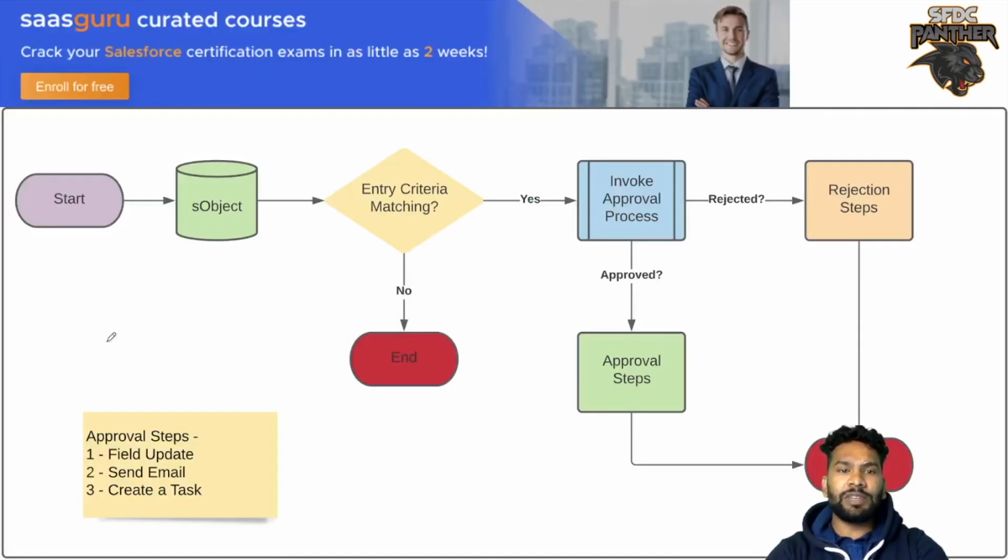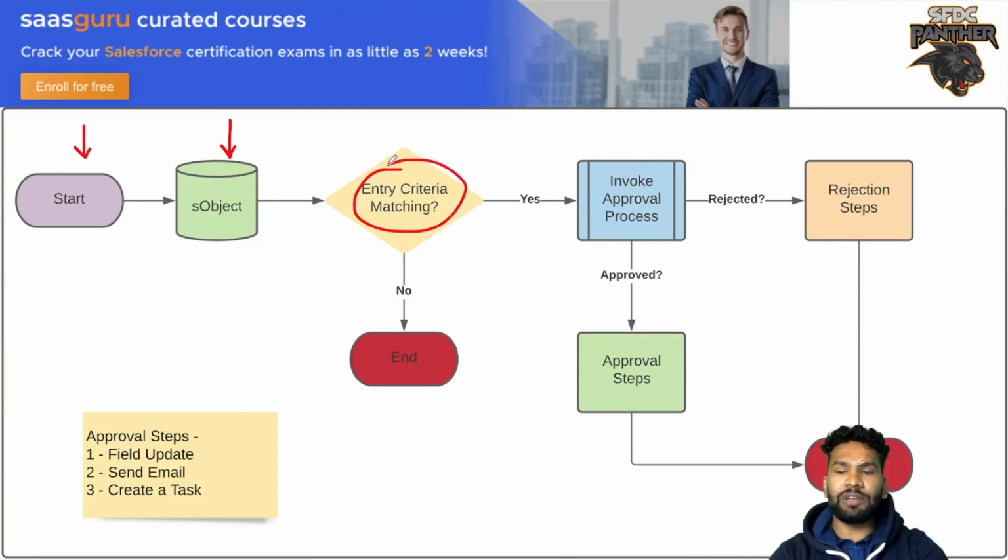This is basically what a typical approval process looks like. There will be a start condition. The start is where we are going to develop the process in a particular object. It can be an opportunity, lead, or a custom object, expense, account, or any other object that we have. Every time we are developing an approval process, there must be an entry criteria.